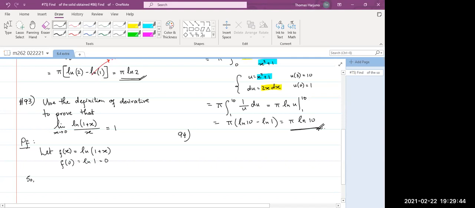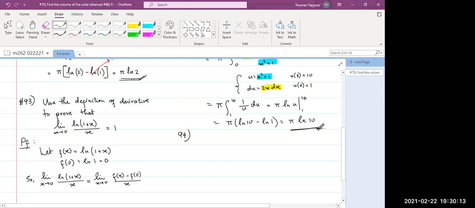So the limit as x approaches 0 of ln of 1 plus x over x is actually equal to the limit as x approaches 0 of f(x) minus f(0) over x.